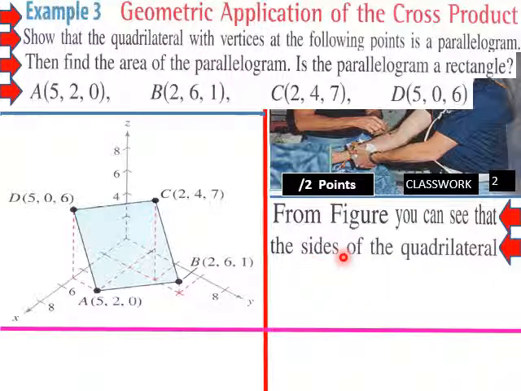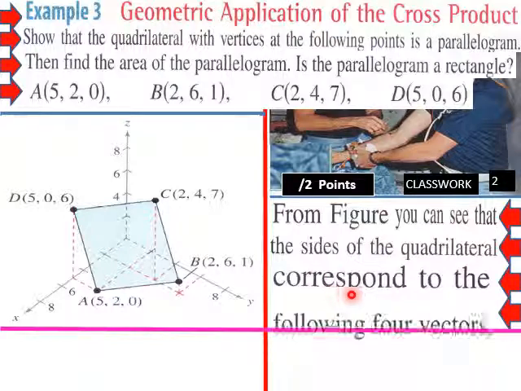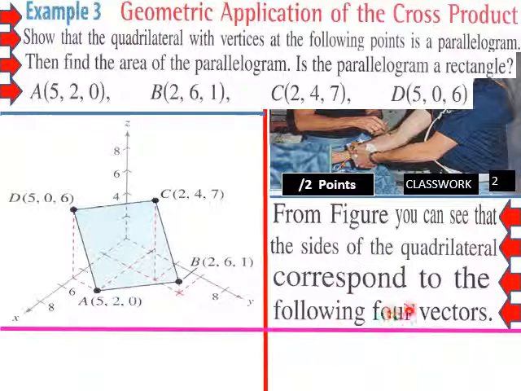So the sides from the figure, you can see that the sides of the quadrilateral correspond to the following 4 vectors. So now we have 4 vectors. Vector AB equals negative 3i plus 4j plus k.